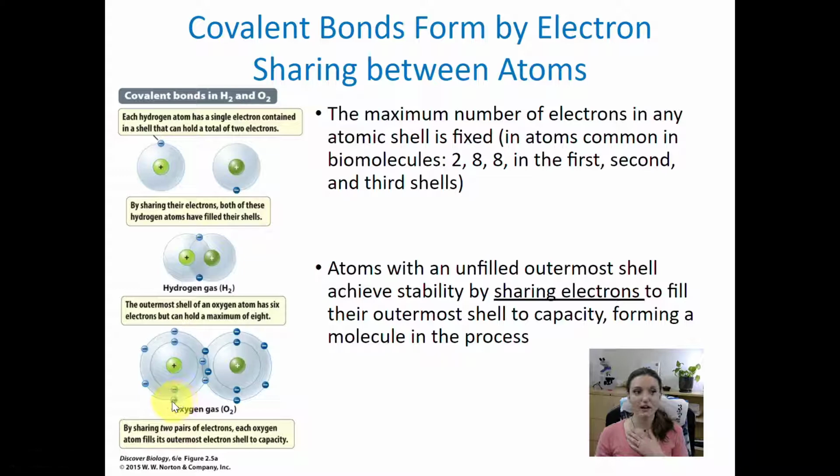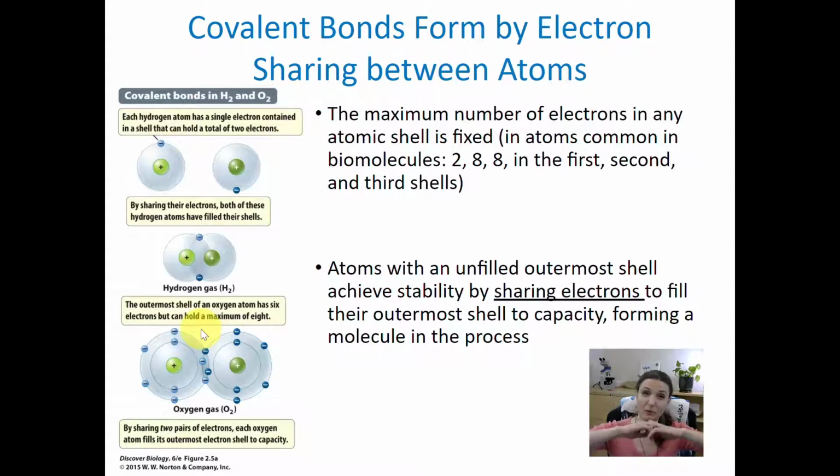Oxygen can make up to 2 covalent bonds with other atoms in order to fill up that outer electron shell. So this oxygen atom will share these 2 electrons with this one, and this oxygen atom will share these 2 electrons with this atom. These electrons will spend time moving around the electron shells of both atoms, and that's what physically holds these 2 atoms together.